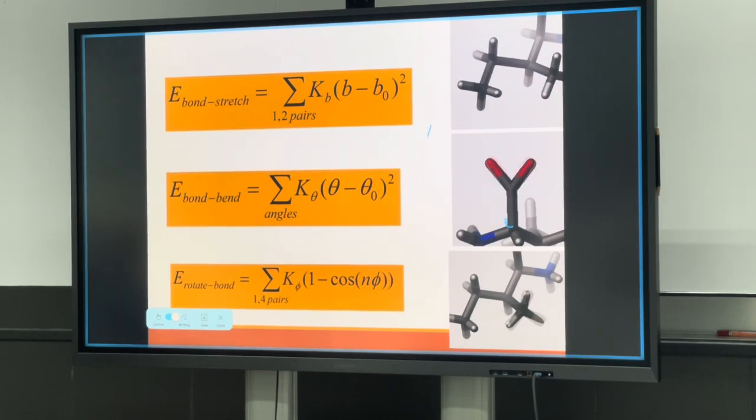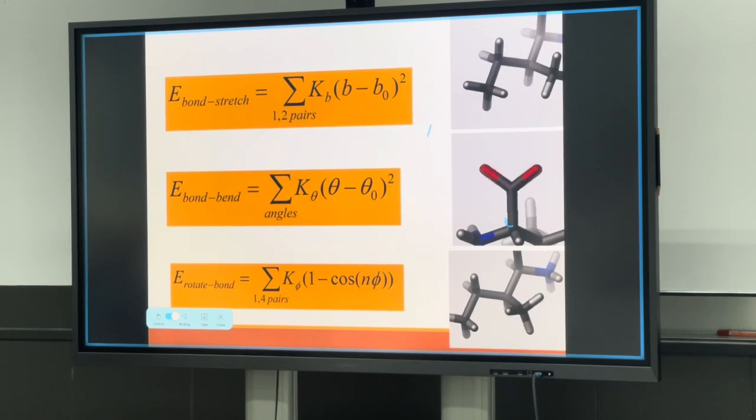All this you need to determine for a specific case. You have some molecule here and a molecule there, and what are the epsilons, what are the sigmas, what are the k's, and all this needs to be determined before you can do anything.